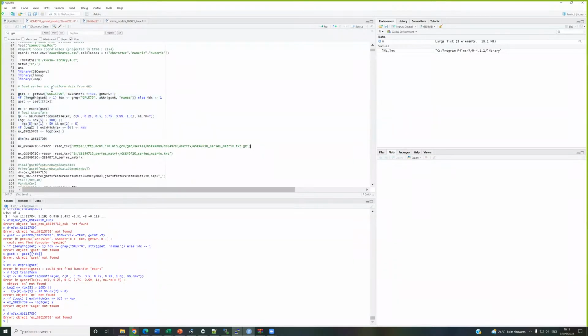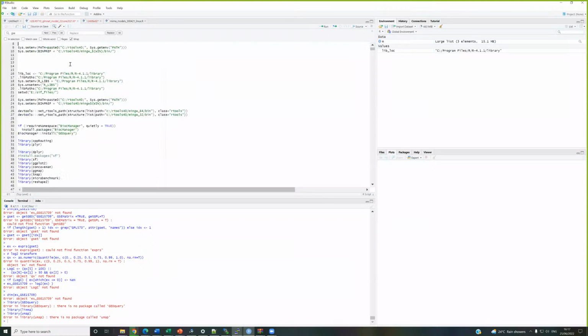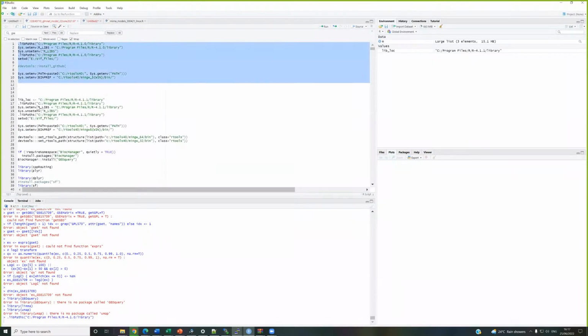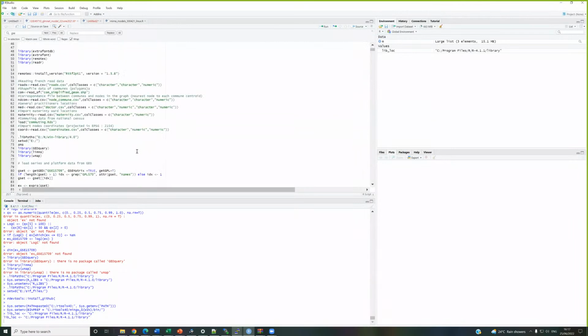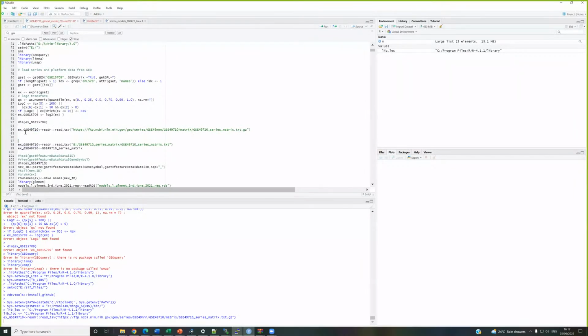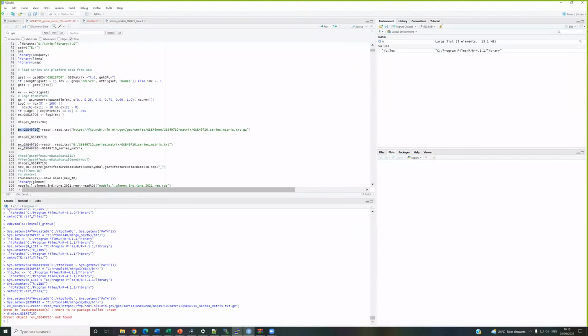In this particular data set, which is very similar to the previous one, you have only 498 patients.